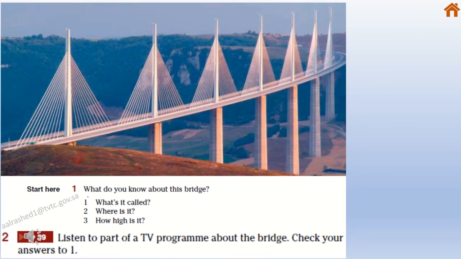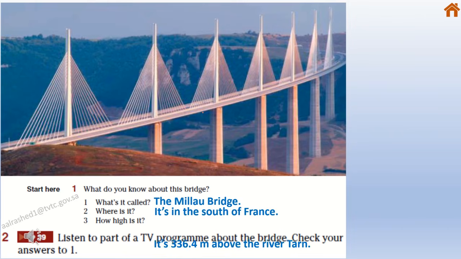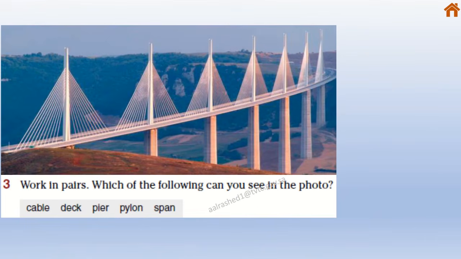And number one, we talked about a bridge, which was the Millau Bridge. We talked about the main components of any bridge, as you can see in this picture. These are the components. So we have cables, we have pylon.